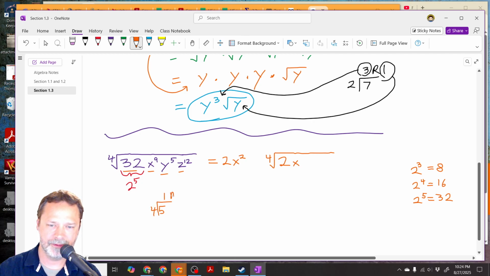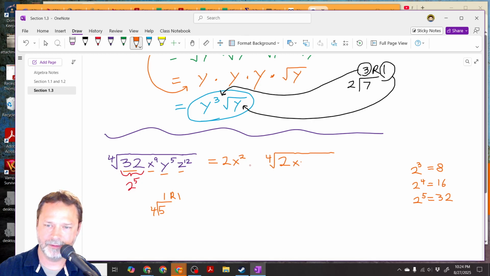That's 1 remainder 1. So 1 y outside the root, 1 y inside the root, and then the z's. 12 divided by 4 is straight up 3, no remainder. So I'm going to have z cubed outside the root and no z's inside the root.